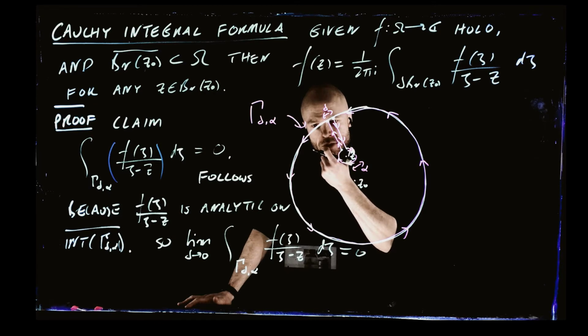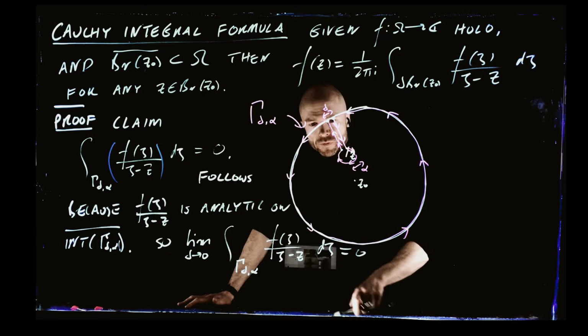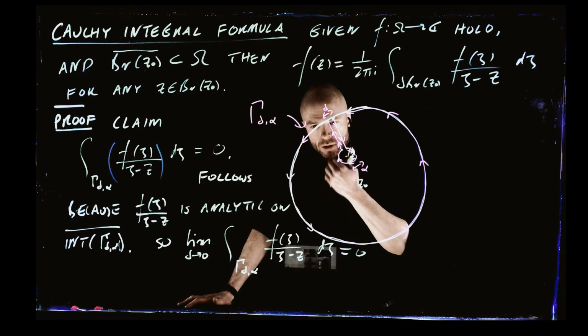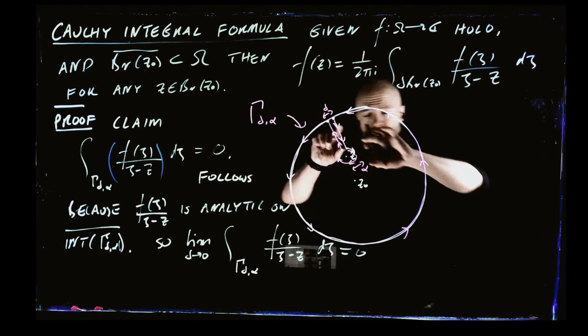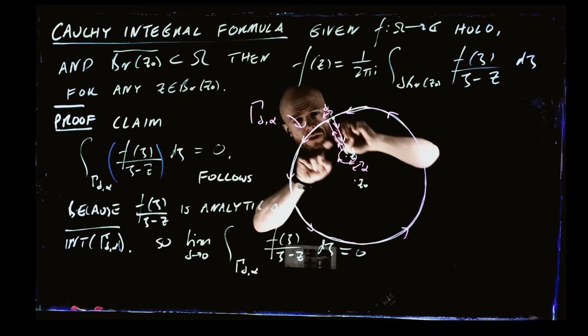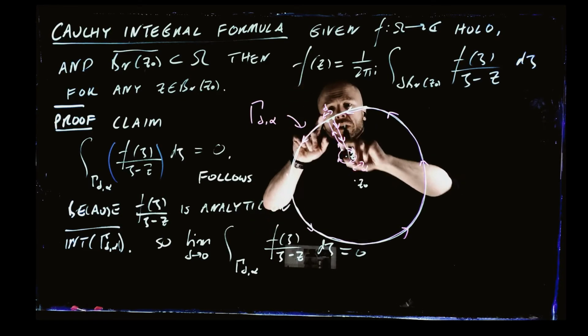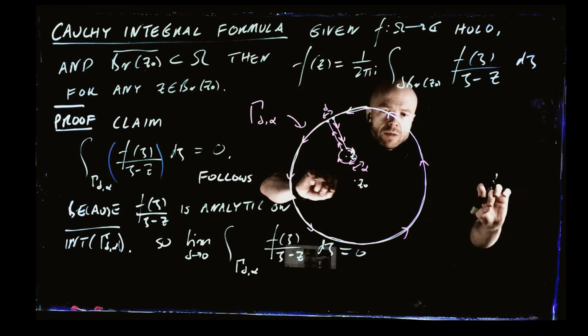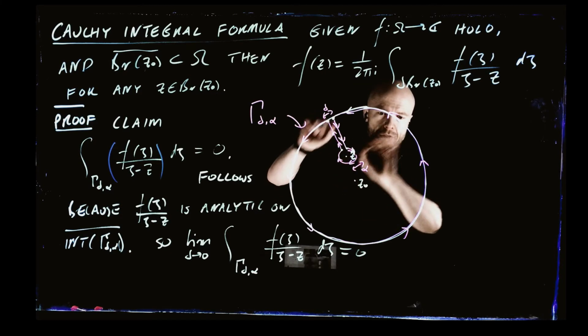Now, I can add more details if this isn't clear to you. Okay, let's do some more details. Without loss of generality, we can assume that this line segment is on just the real line, and the one next to it, which is parallel, is just up a little bit.